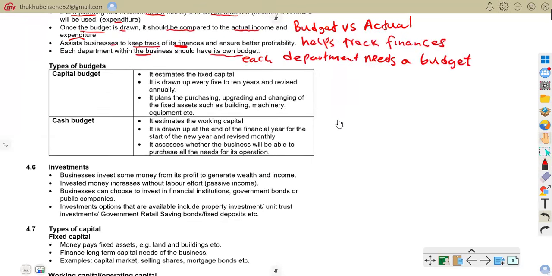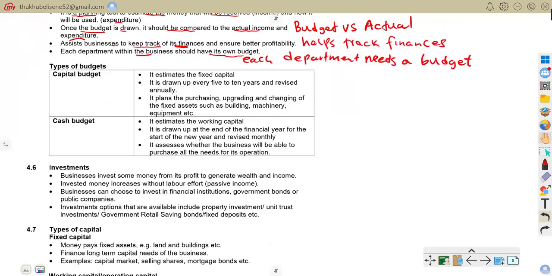Let us move on to types of budgets. We have capital budgets. He says it estimates the fixed capital.